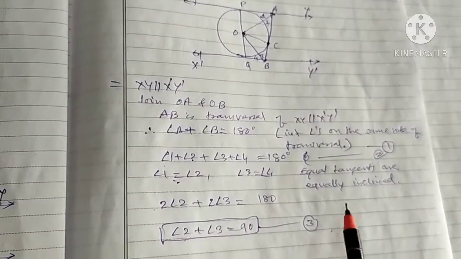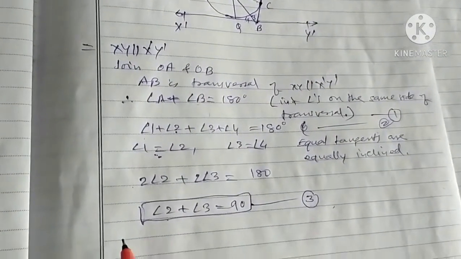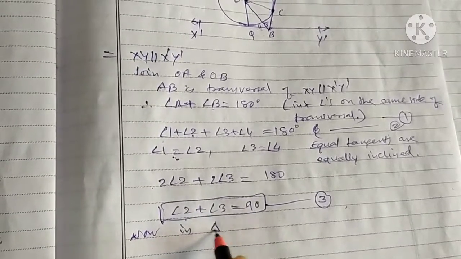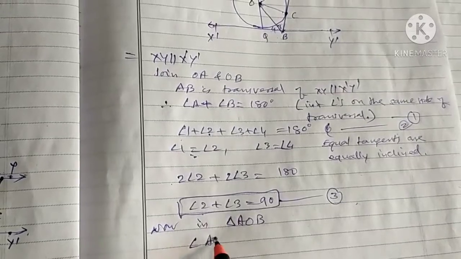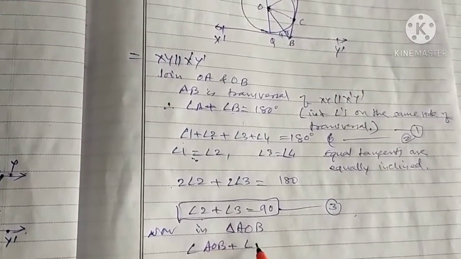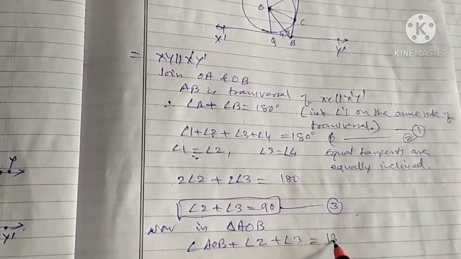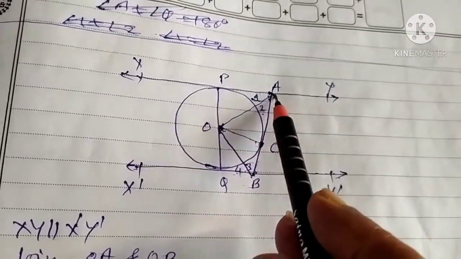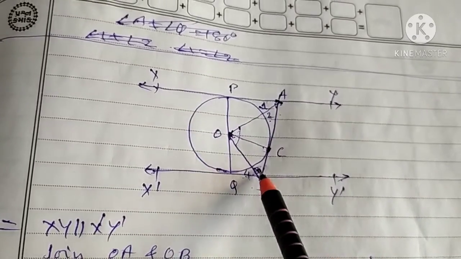Now see, in triangle AOB, angle AOB plus angle 2 plus angle 3 equal to 180. Yes or no? See in the diagram.